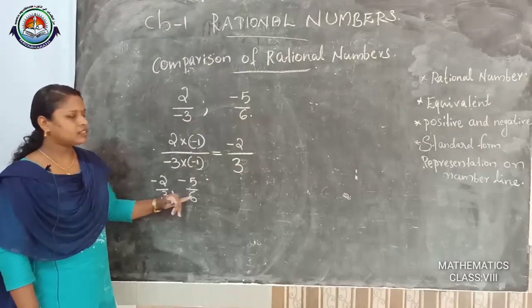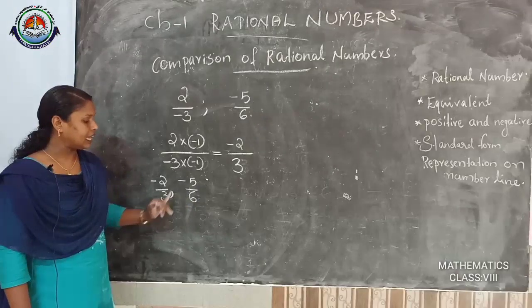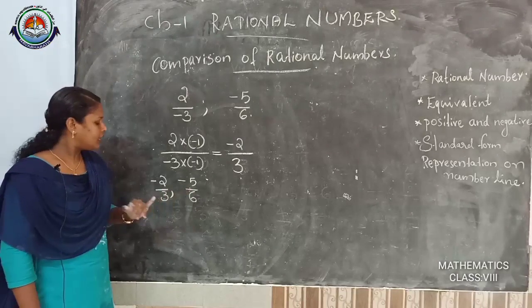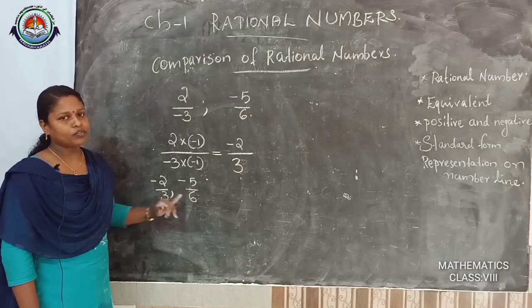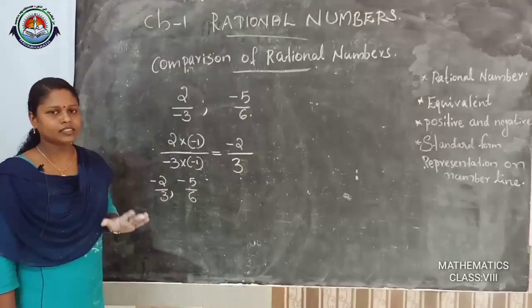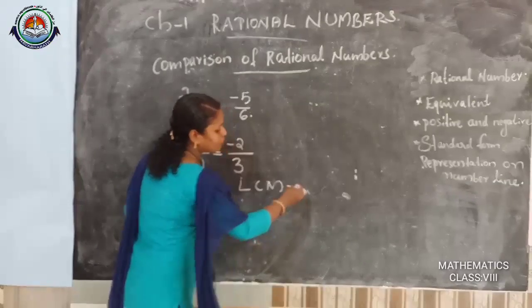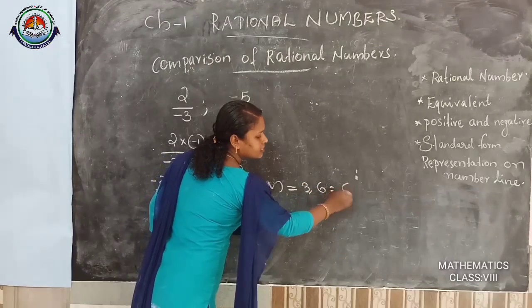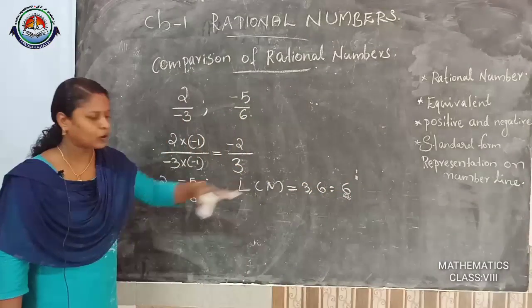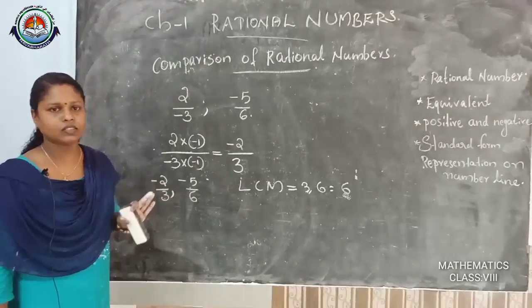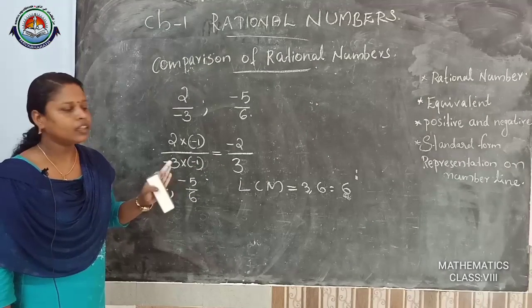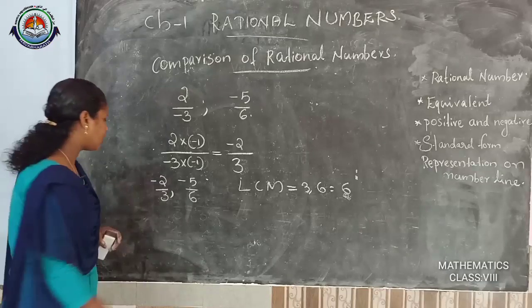Here the denominators are 3 and 6. Okay, so find the LCM of 3 and 6. What is the LCM of 3 and 6? 6 itself. It is small numbers, 3 and 6. 6 is a multiple of 3. Therefore, LCM is 6.